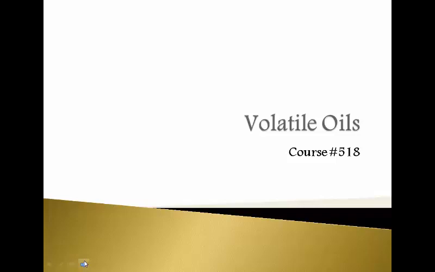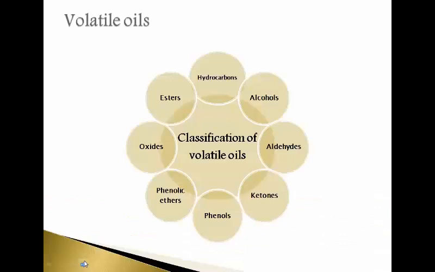Now, come towards our topic, that is volatile oils. Today, we will continue from classification of volatile oils. As I told you, volatile oils have a number of constituents. So, depending on their chemical constituent, they are classified into 8 categories, which are hydrocarbon volatile oil, alcohol volatile oil, aldehyde volatile oil, ketone volatile oil, phenol volatile oil, phenolic ether volatile oil, oxide volatile oil, ester volatile oils.